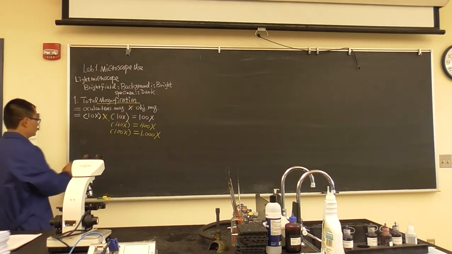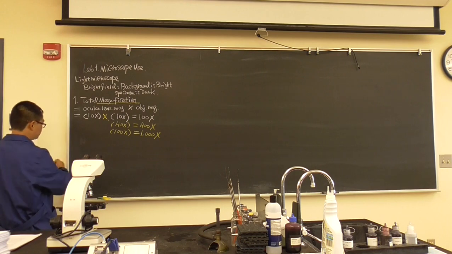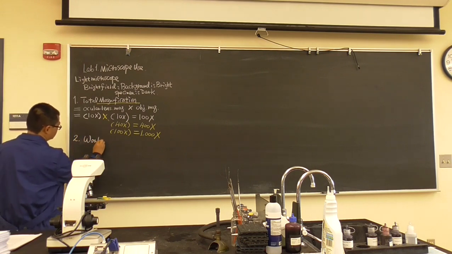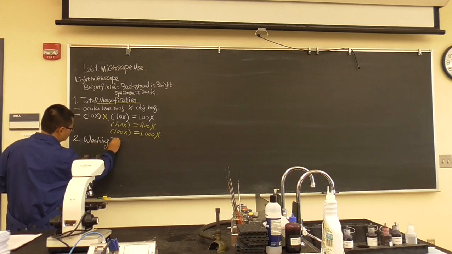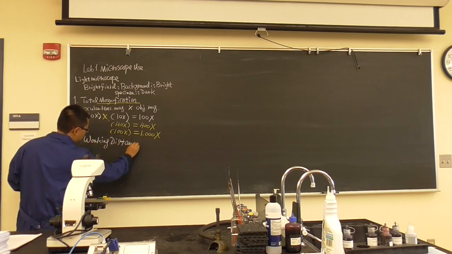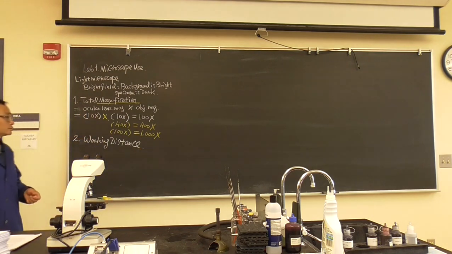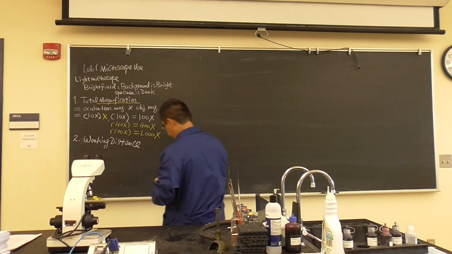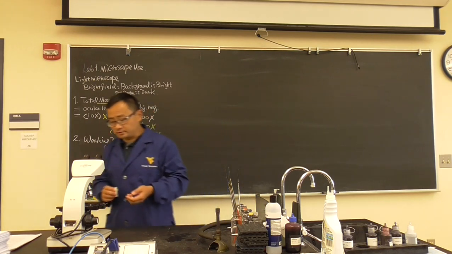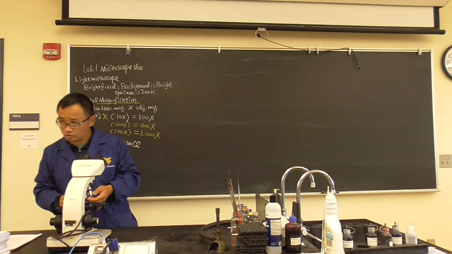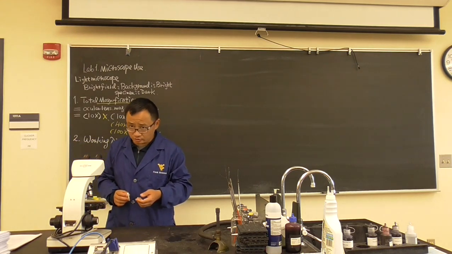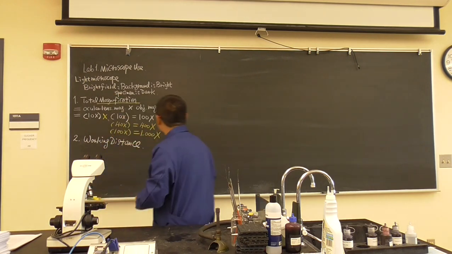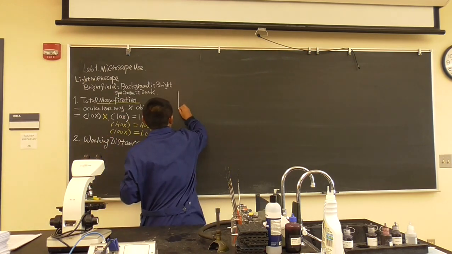Okay. The second thing we want to talk about is working distance. We may have to move to the middle stage right here. I said the most important part of a microscope is the lens, so we will talk about the objective lens. If you notice, the objective lens has a form.